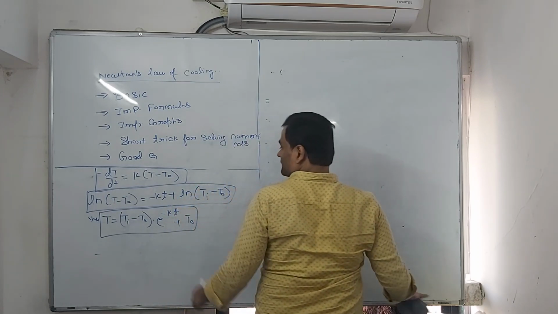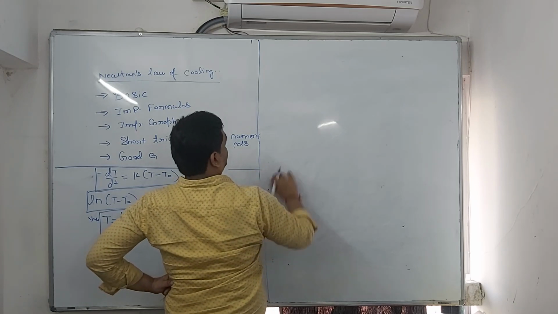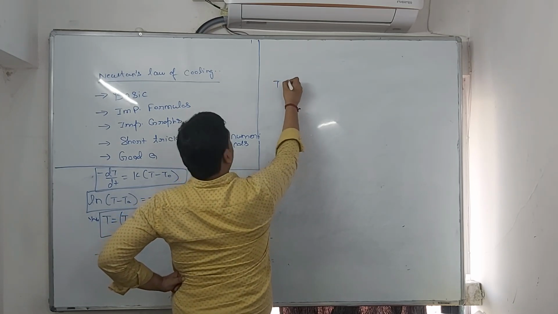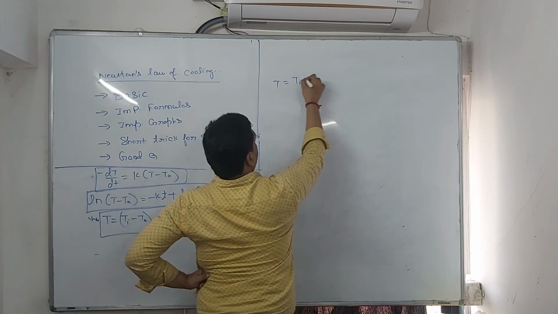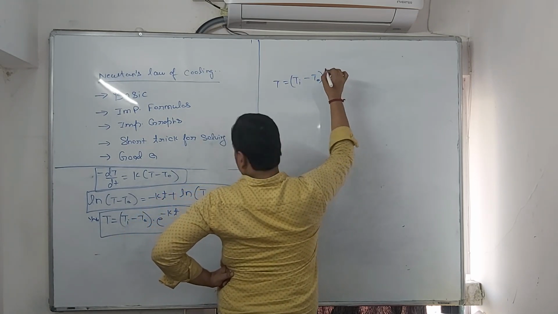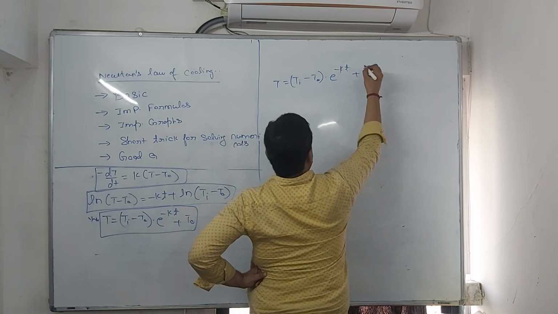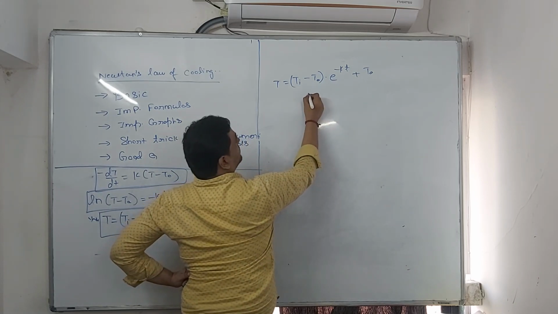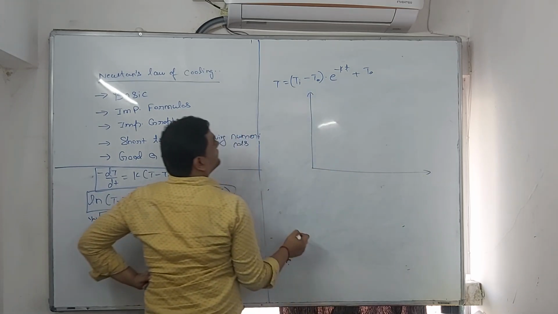In this case, see, it is the graph of the exponential function (Ti minus T naught) into e to the power minus kt plus T naught. You should have the logic to draw the graph.